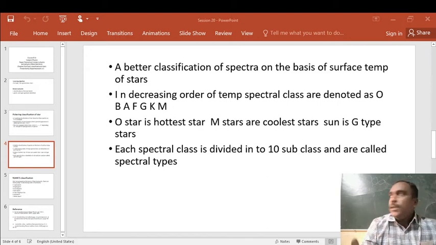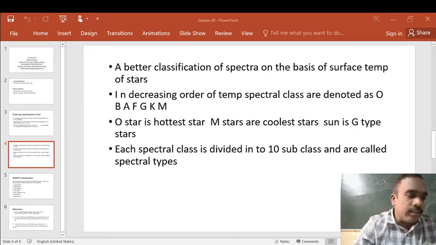For example, B type stars: B0, B1, B2, B3 to B9; G0, G1, G2 to G9. Our Sun is a G star, with a temperature of around 6000 Kelvin.